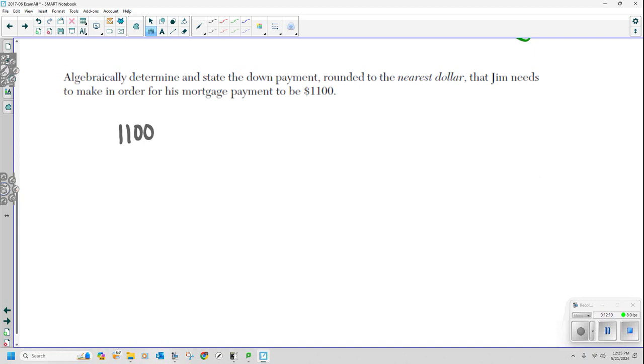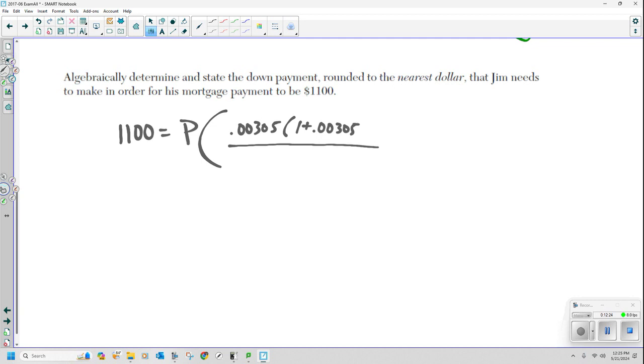1,100 is going to equal some amount I borrow times 0.00305 times 1 plus 0.00305 raised to the 180, because nothing else is changing, all over 1 plus 0.00305 raised to the 180 minus 1.